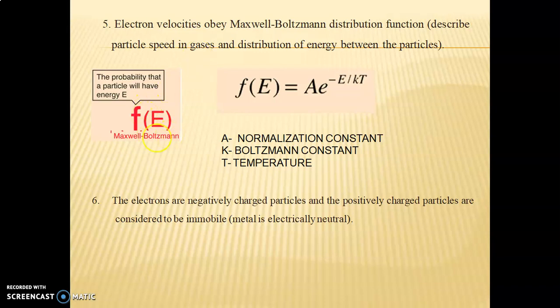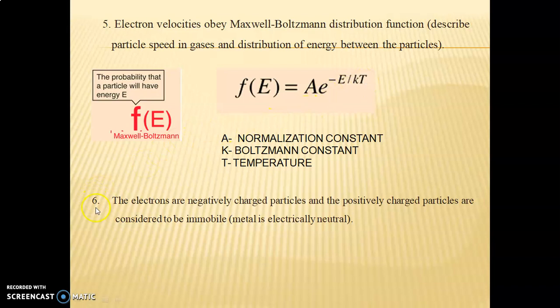It represents the probability of finding a particle with energy E, where A is the normalization constant, E is the energy of the particular energy level, k is the Boltzmann constant, and T is the temperature of the system.